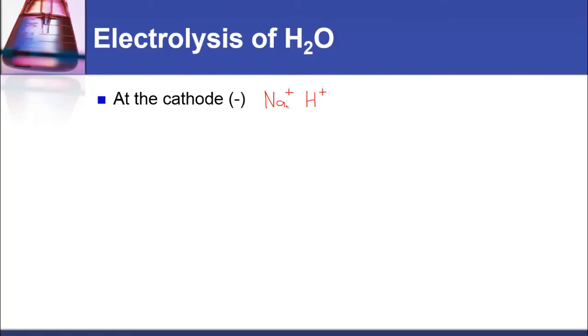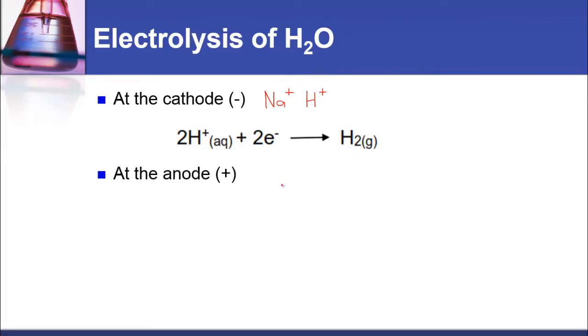If you look at the electrode potential values for sodium and for hydrogen, you'll see that hydrogen has the more positive electrode potential, so it's going to be reduced. So at the cathode, the hydrogen ions are reduced by gaining electrons, and that will give us hydrogen gas.